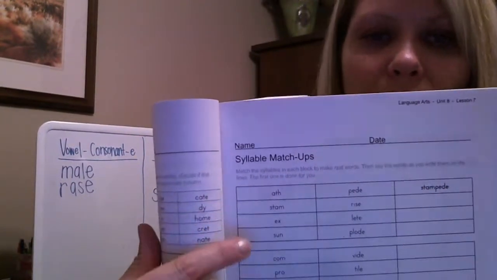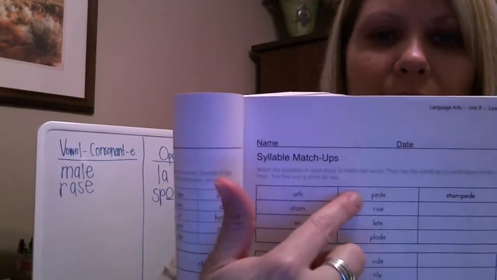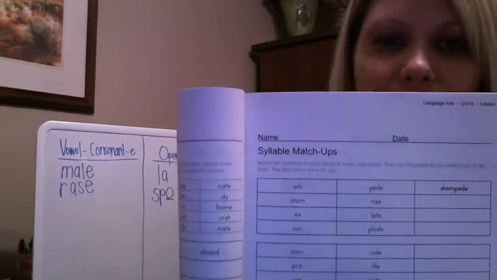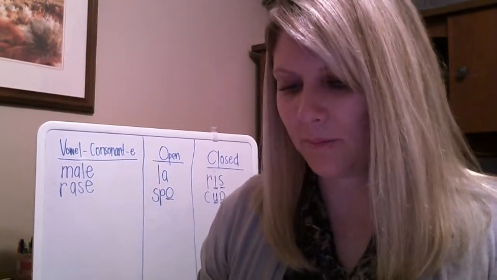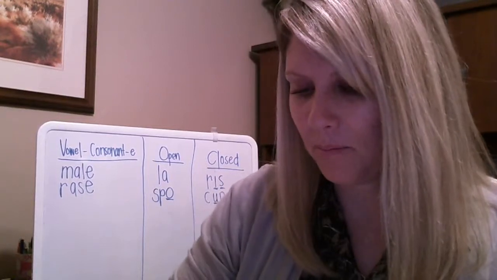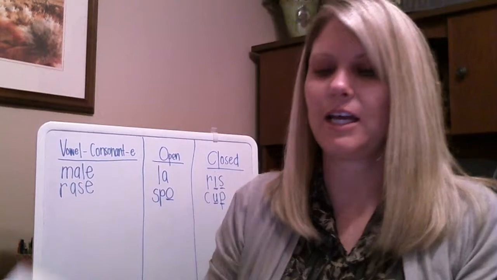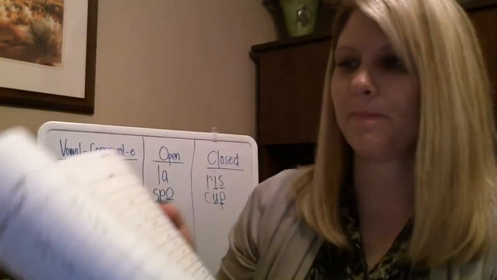And you can see the first one, they've taken stam and peed and put it together to make stampede. Those 2 syllables, okay? So, let's do another one together. They've done stam and peed, so I would check those off, or I might even draw a line so I remember which word goes with which, okay?